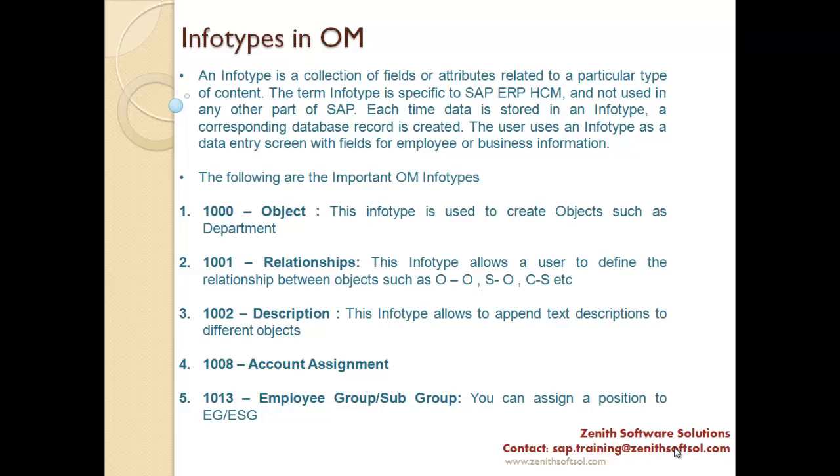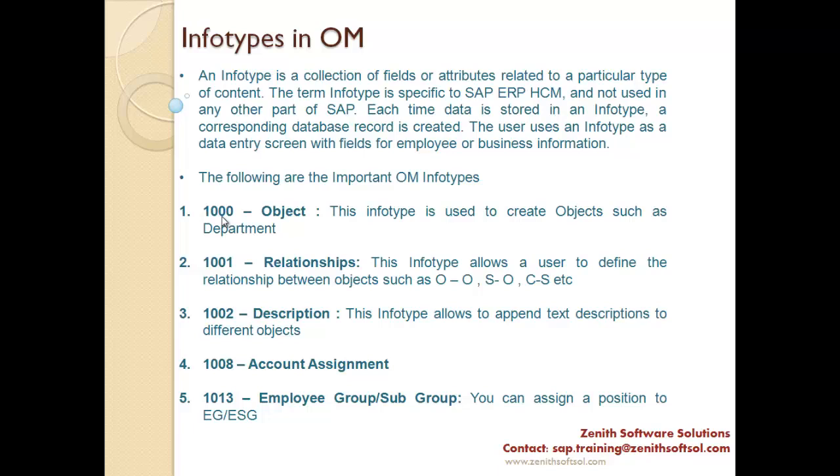But the purpose of each info type will be different because each info type has its own specific purpose to store specific information. Like info type 1000. The name of this is object. What does this info type do?